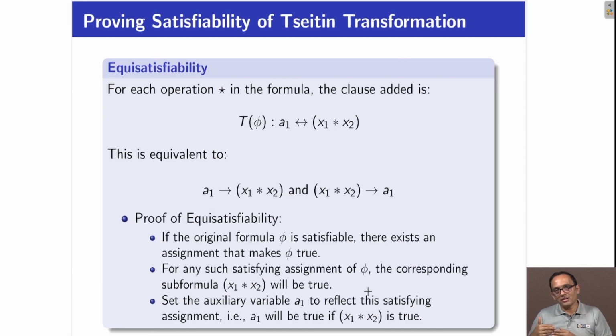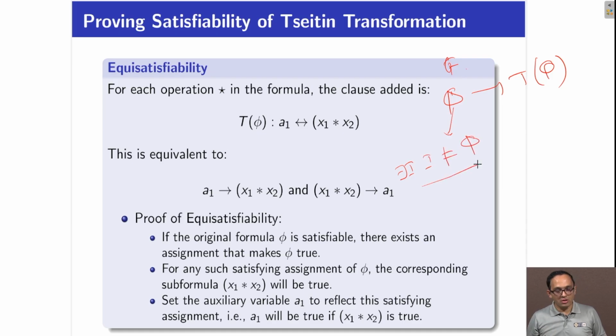What I have to show is that I convert the formula phi into T phi, and this is satisfiable. So, there exists some I for which I satisfies phi.